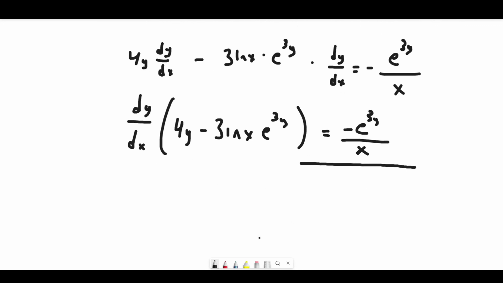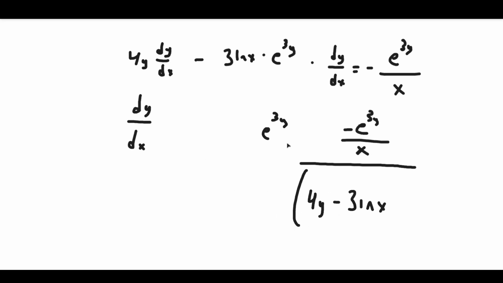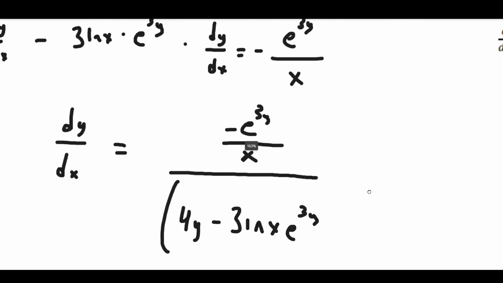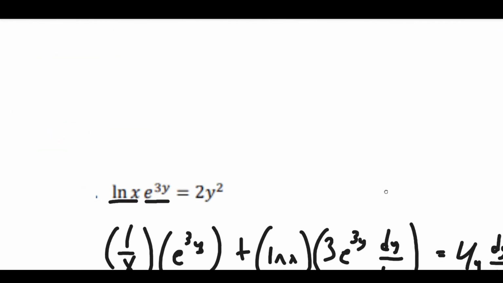I'm just going to add a line right here and move all this to the other side. And then that will be your final answer. I'm just going to move this over here, set it equal to. And that's it. So this will be your final answer for this question.